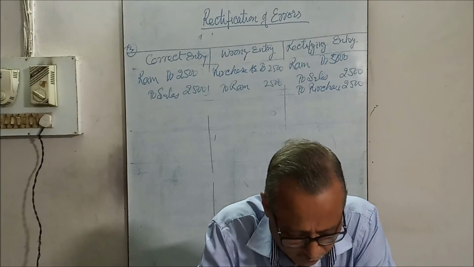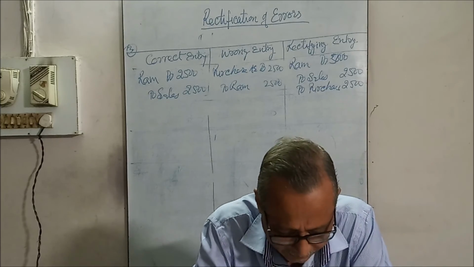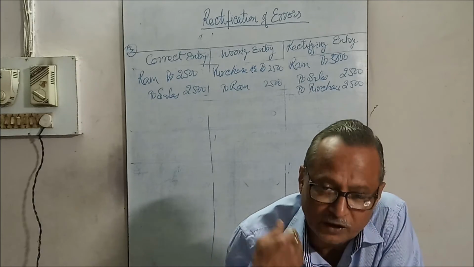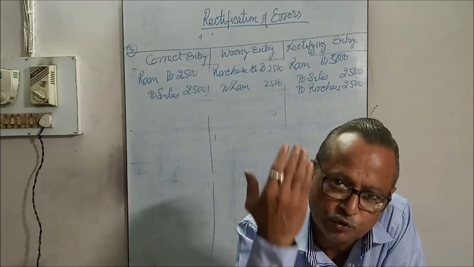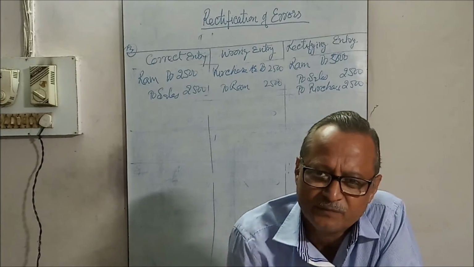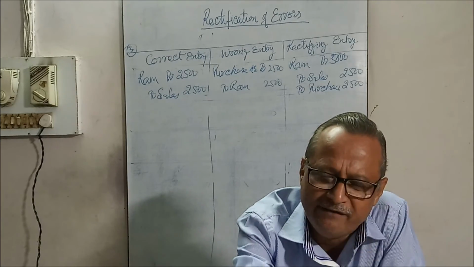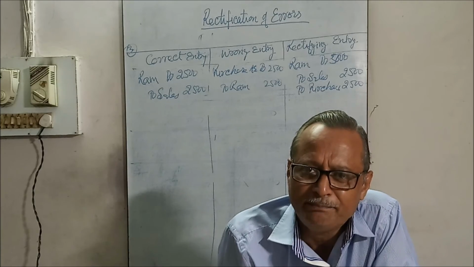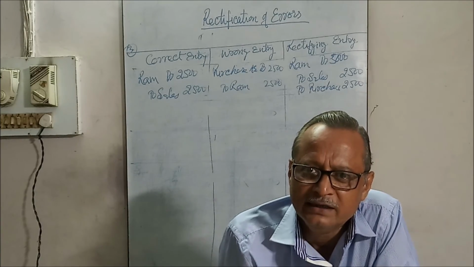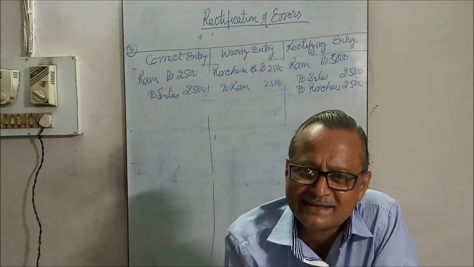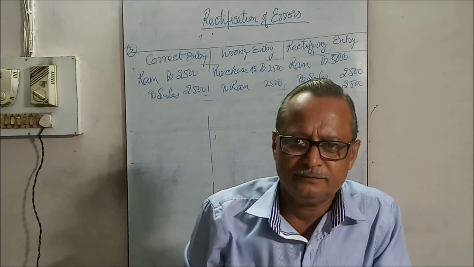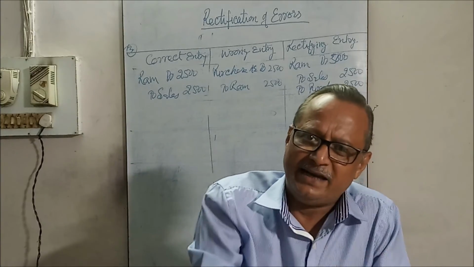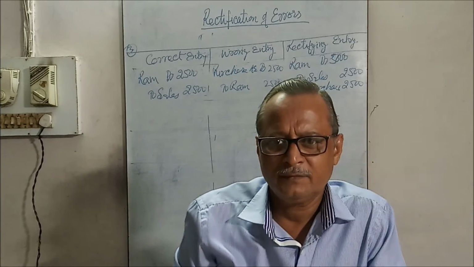Now a return of goods worth rupees 1,100 to Mohan was passed through the sales return book. The return of goods to Mohan, meaning purchase return, is this. So Mohan should be debited: Mohan debit to purchase return 1,100. But wrongly it was passed through the sales return book. The entry was passed as sales return account debit to Mohan. Then for the rectifying entry, debit Mohan.